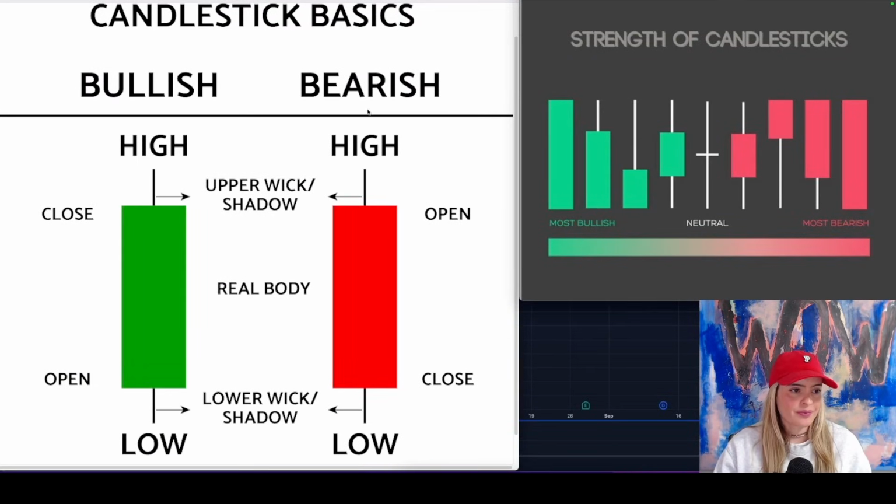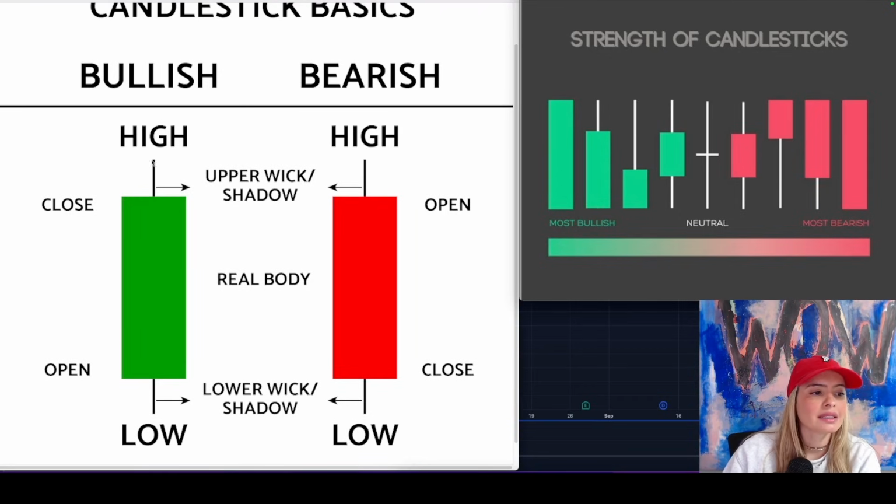Candlestick basics. This is a bullish candlestick. We have the high of the candlestick. We have the close of the candlestick here. We have the open. So basically the candle opened here and then it went higher. And then here we have the low of the candle.